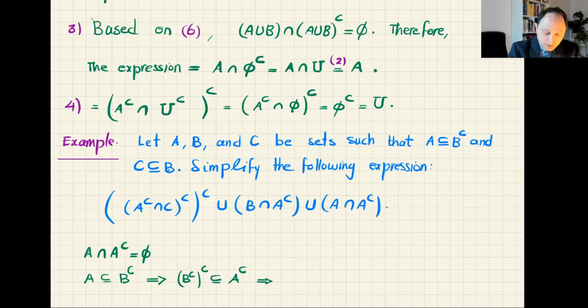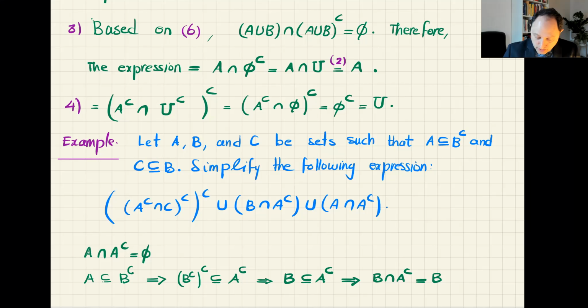This is another property that we discussed when we were talking about complements of sets. So this becomes this relation. Now that I know that a set is a subset of another set, if you ask me what is the intersection, I can answer more. I know that this set is a subset of the other one. So if I ask you what is the intersection, the answer is the smaller set. So the answer is B in this case.